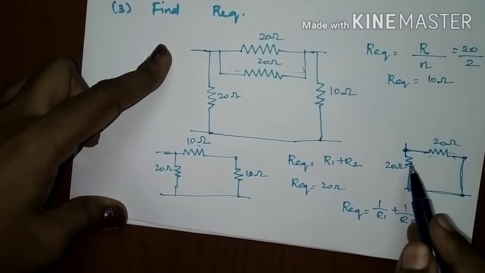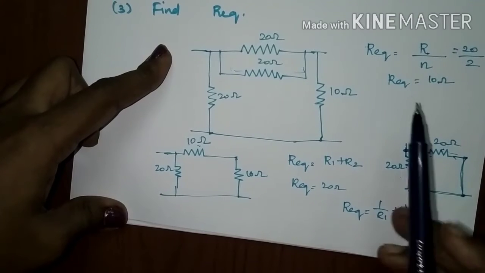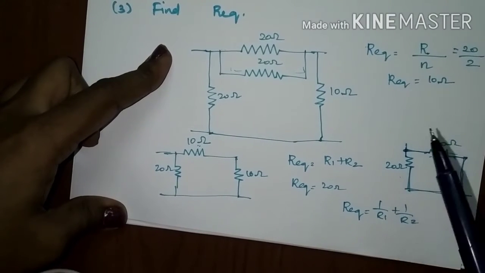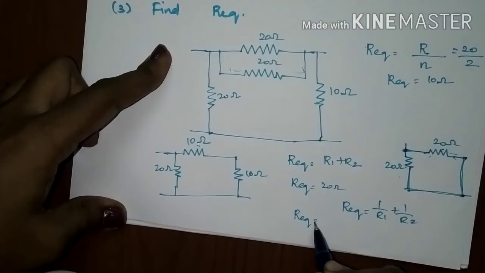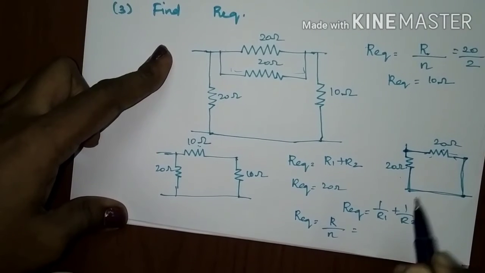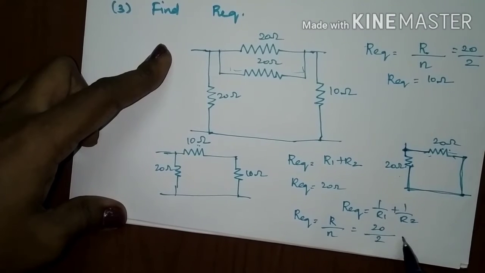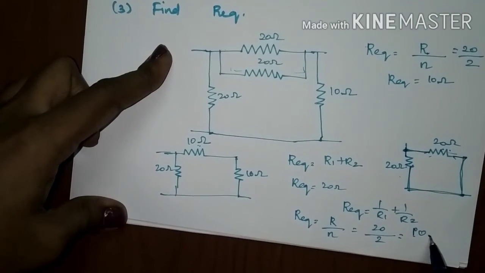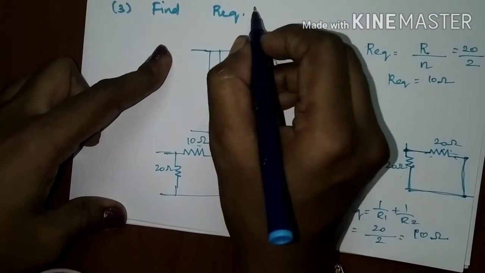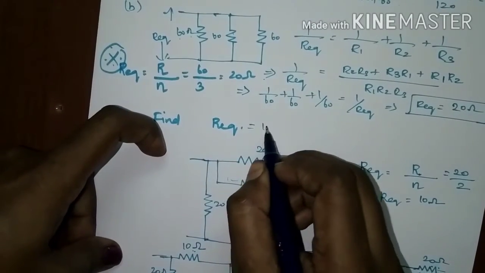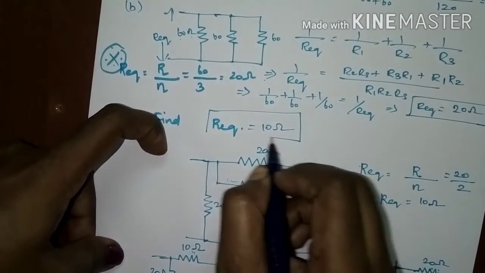Here both the resistances are of the same value. We can use this formula to find it. It is easy. So, R equivalent would be equal to R divided by N. Your value of R is 20 and the number of times connected is twice. So, dividing by 2, we will get the R equivalent value as 10 ohms. So, the value of R equivalent is equal to 10 ohms for this circuit.